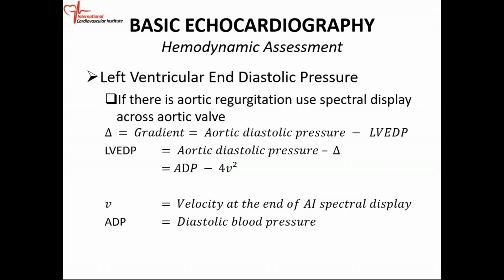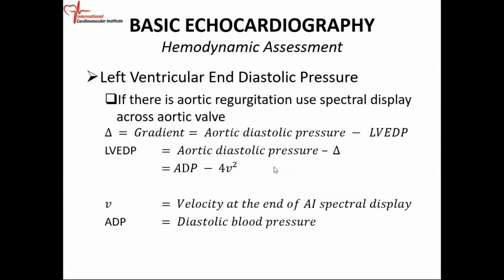Okay, so blood is going to flow from the aorta across the aortic valve into the left ventricle in diastole. So the gradient is equal to the aortic pressure, which is aortic diastolic pressure, minus the left ventricle end diastolic pressure. That's the pressure in the LV in diastole. That is the gradient.